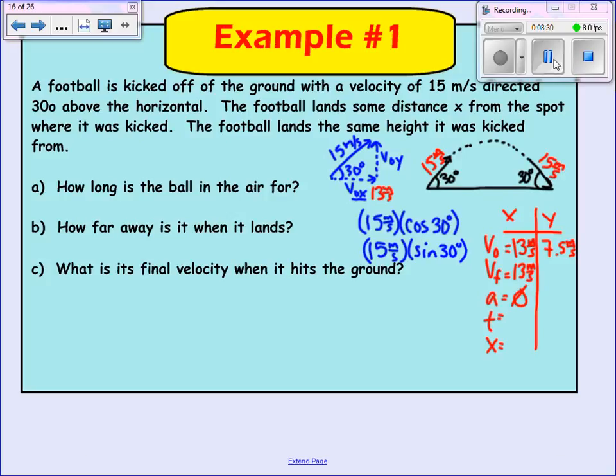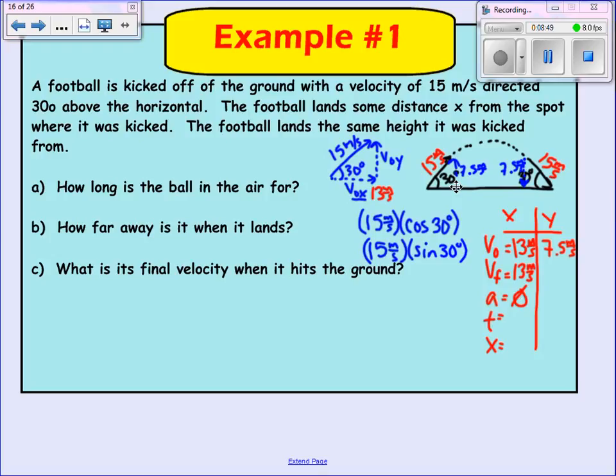Now, remember, this is a perfectly symmetrical pathway. So if the initial velocity is 7.5 meters per second in the y direction, that also means the final velocity will have the same magnitude of 7.5 meters per second.